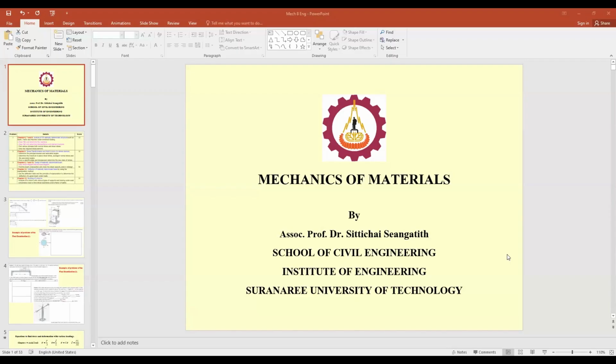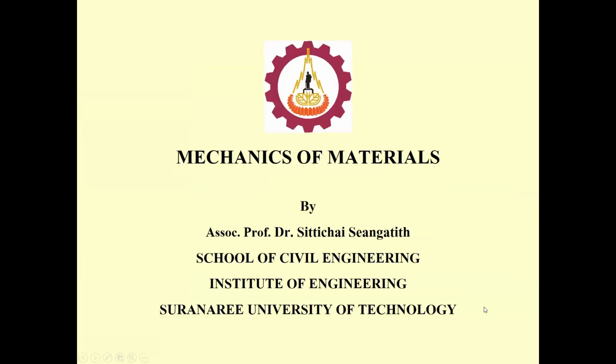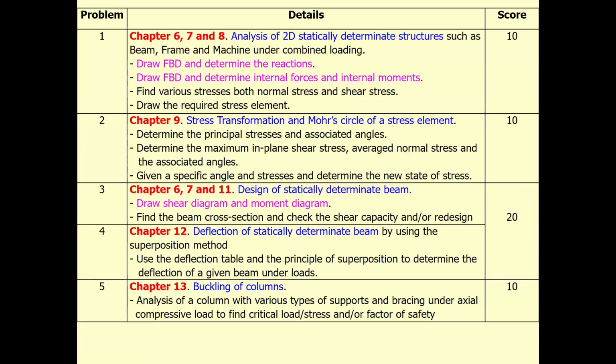Okay, class, let me start our 14th lecture. We have discussed the examination that we will have at the end of this trimester. There are going to be 5 problems for 50 points.